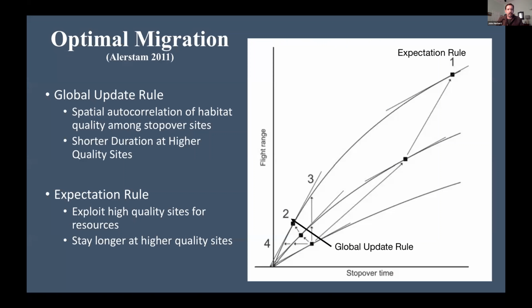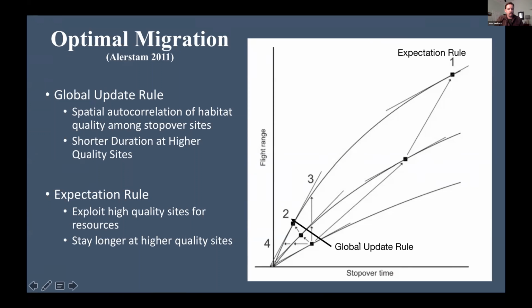And for our study, we're looking at two pieces of the optimal migration theory from Alerstam 2011. So briefly, this graph here, these three curves represent different food availability at a stopover site. So two rules we're looking at: the global update rule and the expectation rule. So here, number two, the global update rule.